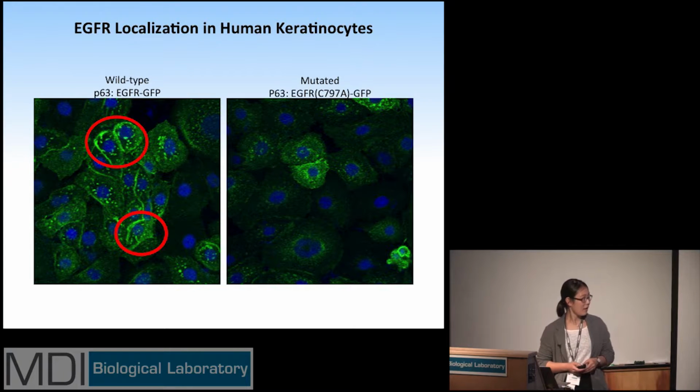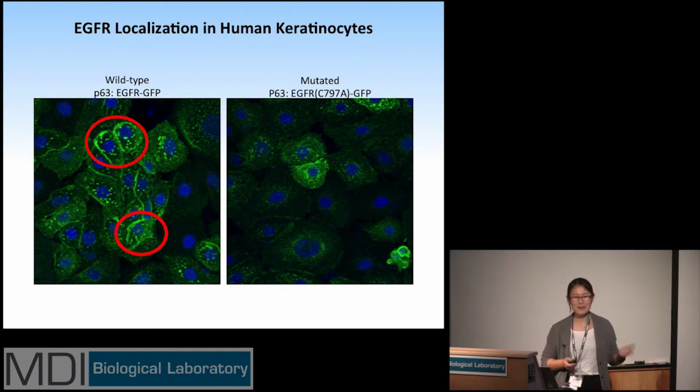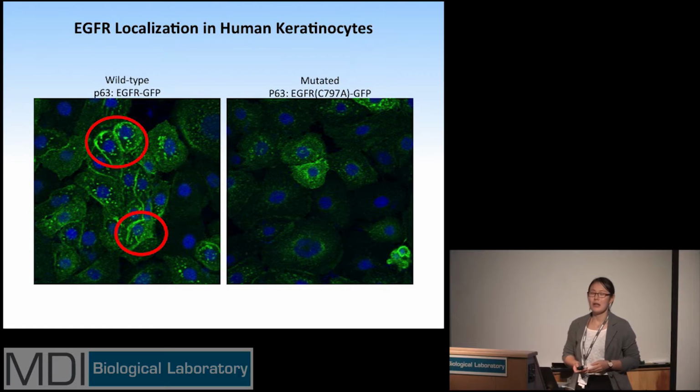As you can see, in the human keratinocytes transfected with wild-type EGFRs, you can see intense green fluorescence between the cells, indicating that these wild-type EGFRs are strongly located in the plasma membrane of the cells.